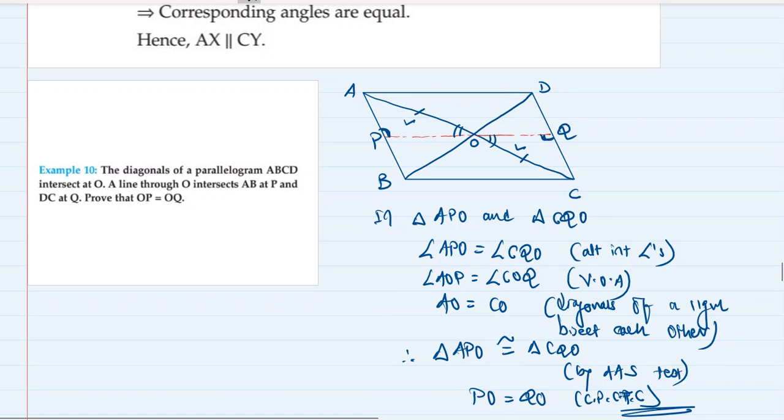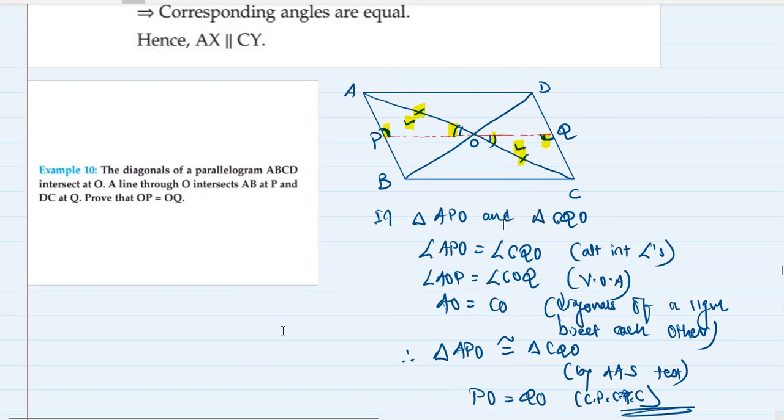Did you understand why these two angles are alternate interior angles? Because they are formed between two parallel lines AB and CD, and the transversal is PQ. Vertically opposite angles, very easy. Equal sides because the diagonals bisect each other. So two triangles AOP and COQ are congruent to each other, and therefore PO is equal to OQ.